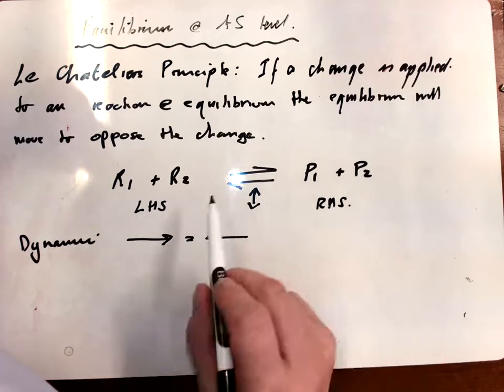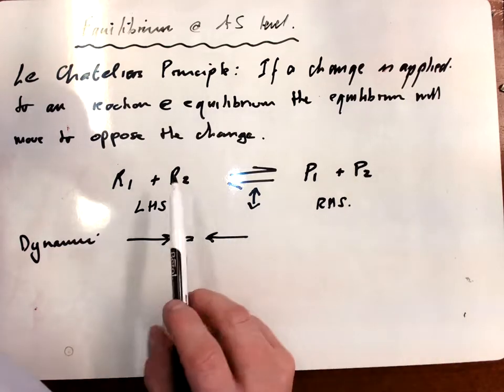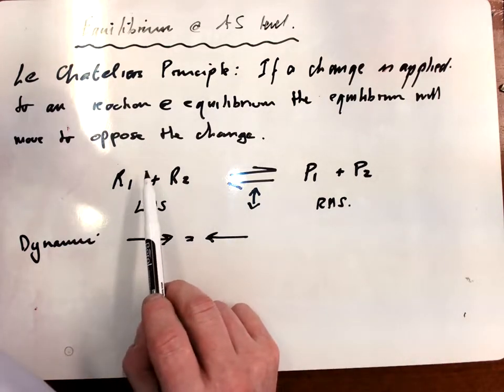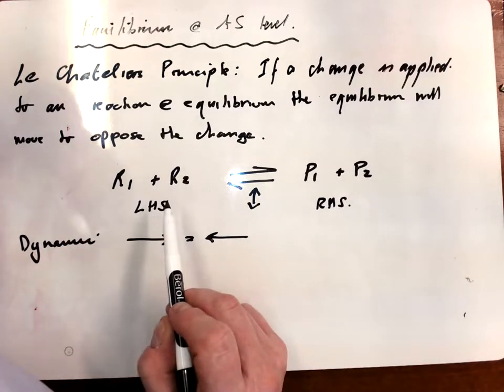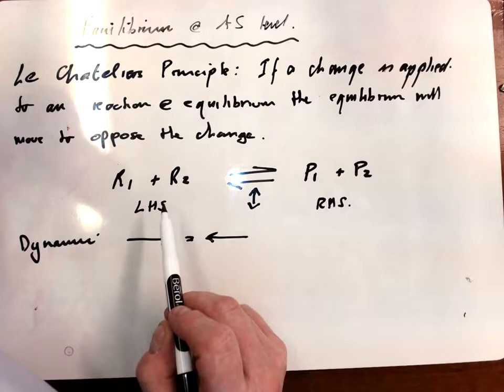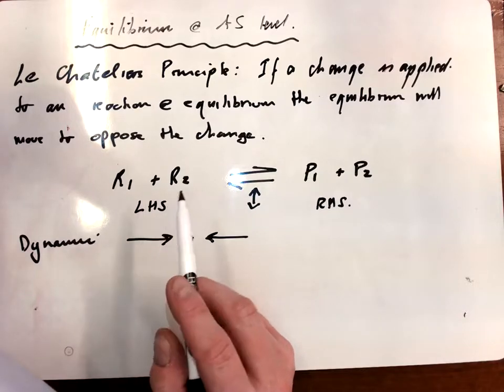They're never changing. Every time a molecule of reactant turns to product, likewise a molecule of product turns back to reactant. So the concentration of those remains constant.